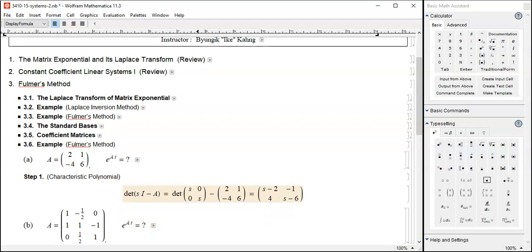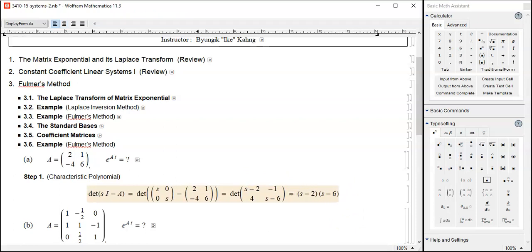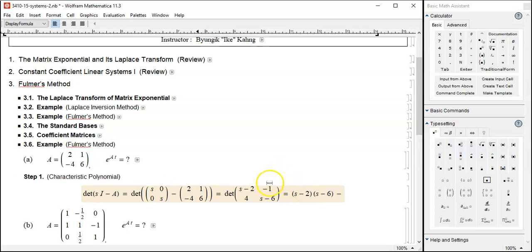Okay, determinant of that, and the determinant of this. So, ad minus bc, so crisscross, s minus 2, s minus 6, minus the other two, minus 4, so minus plus 4. So what is this? Let's simplify.